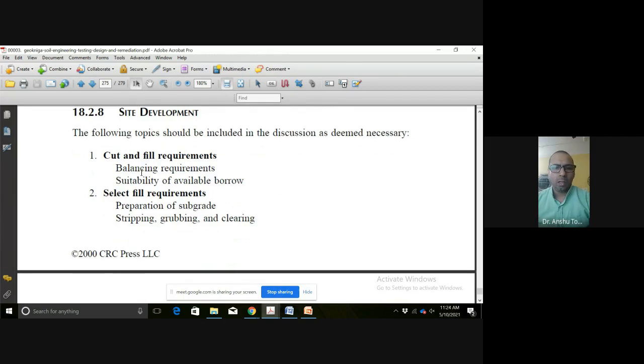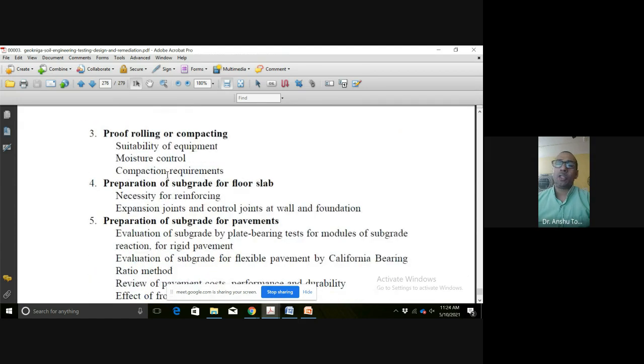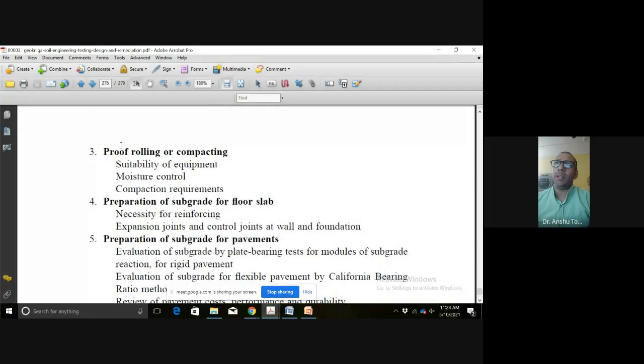The permeability, type of drainage, site development, that is how the client is supposed to proceed when he or she is starting the project, how the embankment filling and cutting, all those procedures have to be done. How much compaction is required? Now this is going to be done again in the laboratory, moisture control plus compaction. So compaction test and moisture test we will be discussing just now.